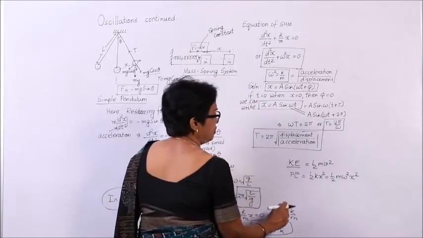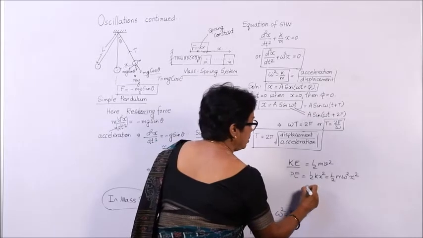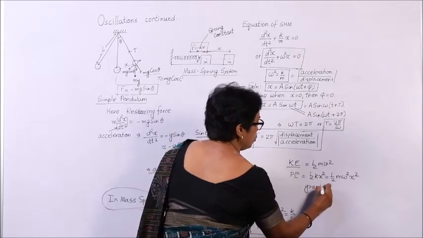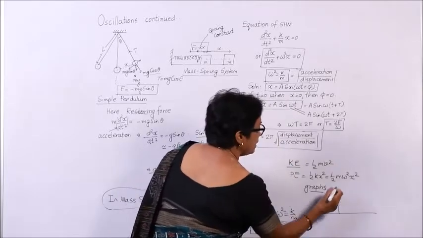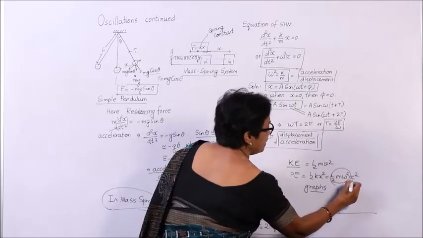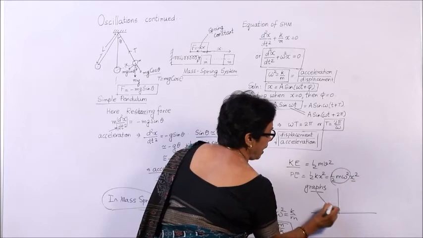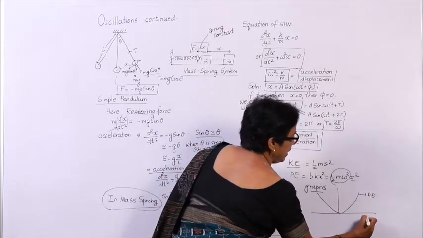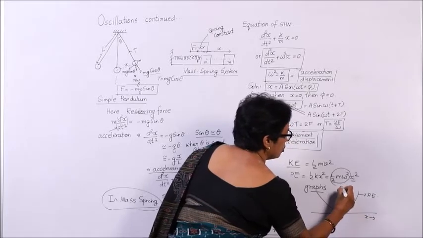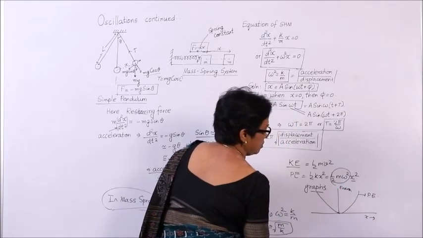You should draw the graph and see the graphs of these. If you draw the graphs, you will see that this is some constant into x square, that means a parabola. So, this is my potential energy graph with x and energy. If I draw it, it will be like this.